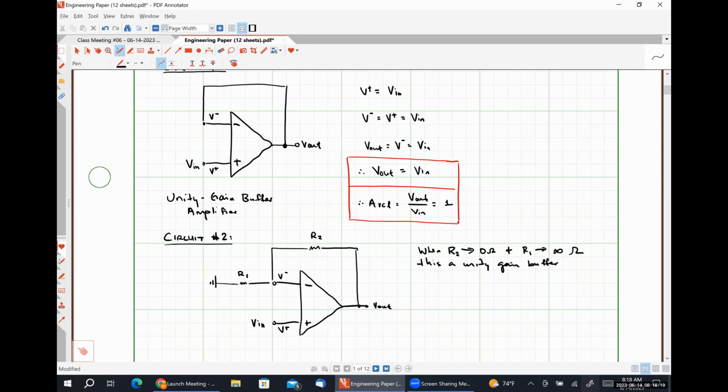Really, we just need R1 to be significantly larger than R2, and we'll still get something very close to a unity gain buffer. But specifically, when we replace R2 with a wire and R1 with an open circuit, it is literally the exact same thing as a unity gain buffer.